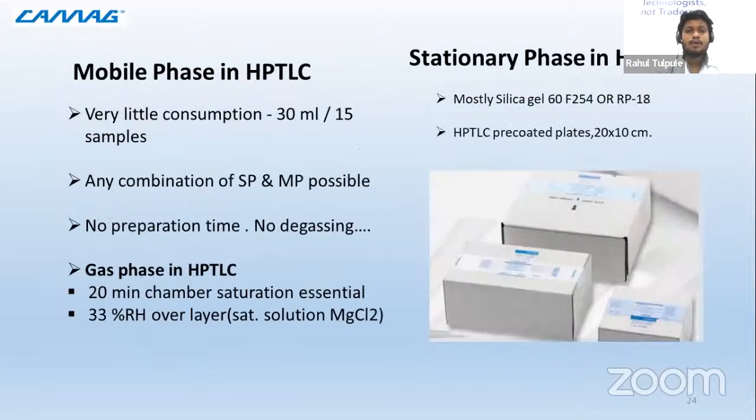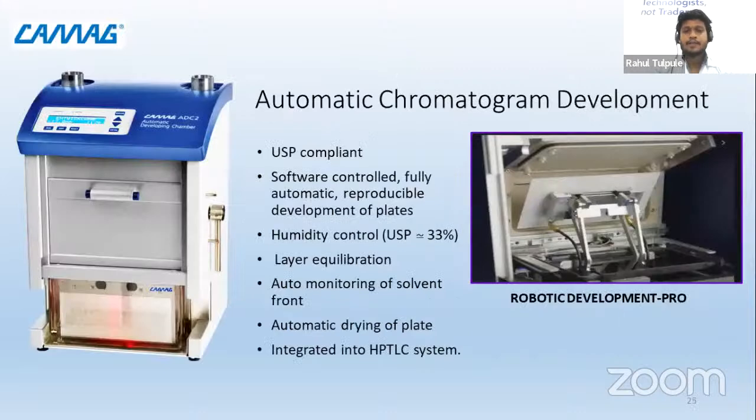Then, talking about stationary phases, there are different types of plates, like cellulose plates, silica gel plates and glass plates, which are pre-coated and can be used according to our requirements. As we have talked about, ADC2 is completely USP compliant, software controlled and fully automatic.